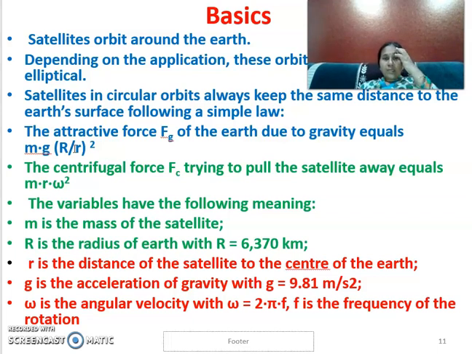This is how the attractive force, or the force of gravity, is mathematically represented.